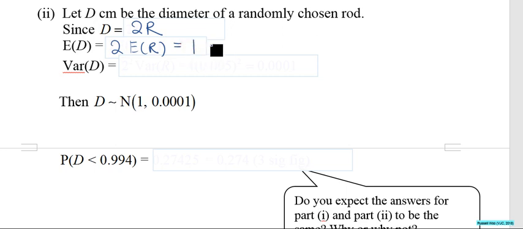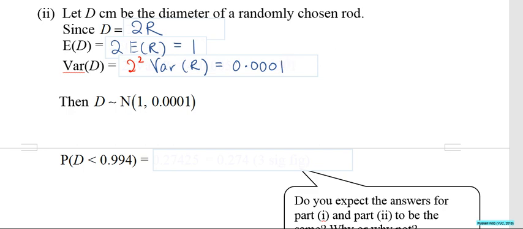What is the variance of D? Is it 2 times the variance of R? 2 squared. It's 2 squared, which is 0.000.